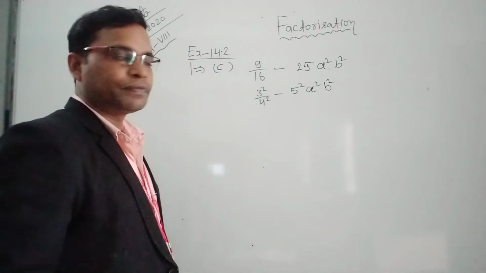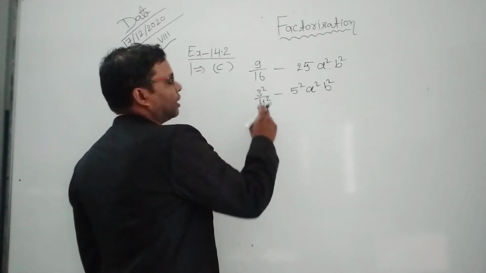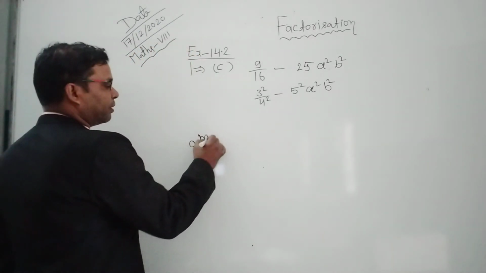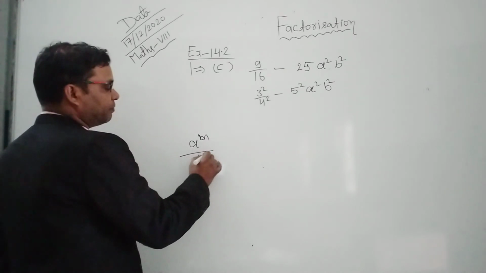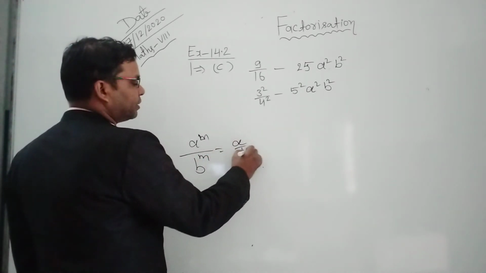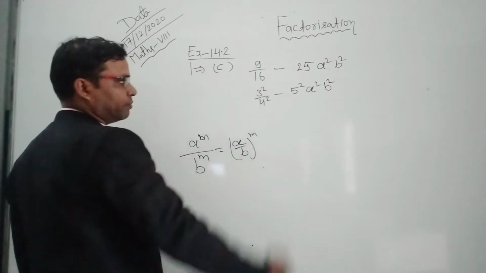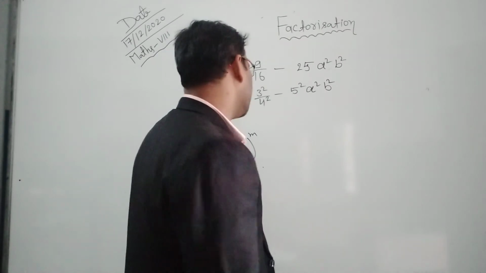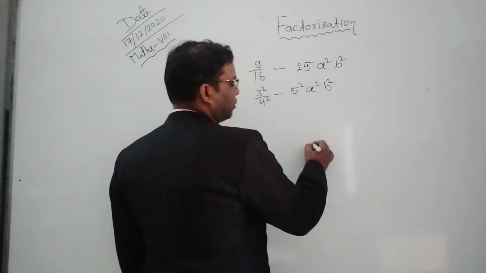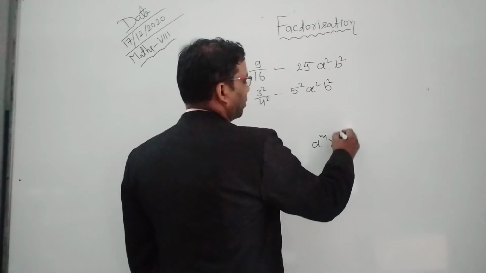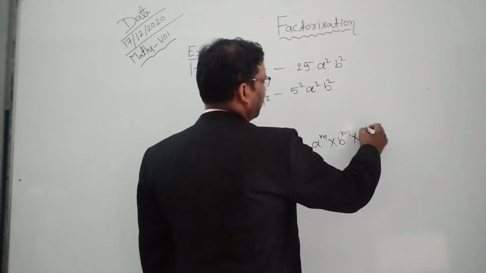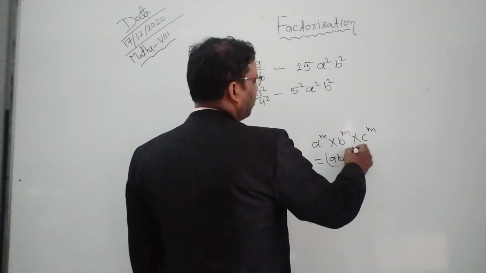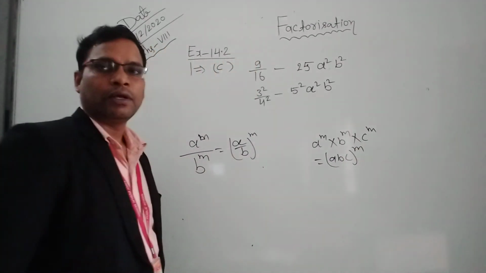This is clear. Now, according to the law of exponents, a to the power n by b to the power n is equal to (a by b) whole power n. And you also know the next law of exponents: a to the power n into b to the power n into c to the power n can be written as (abc) whole power n.